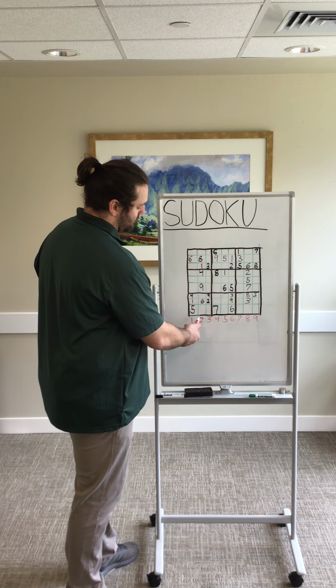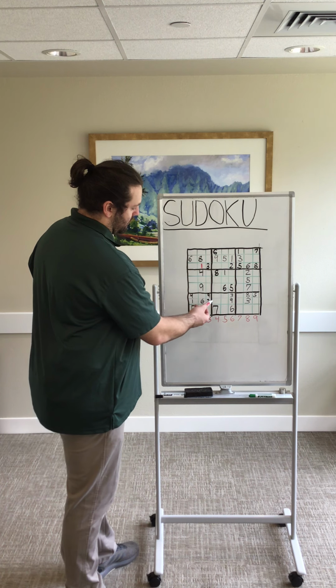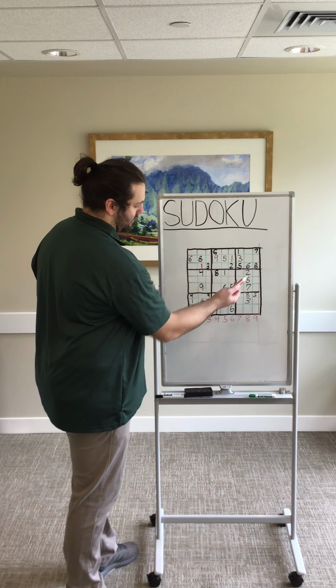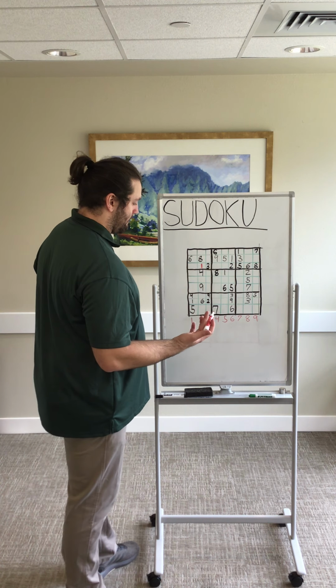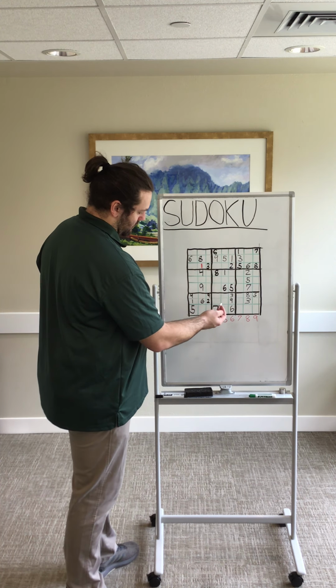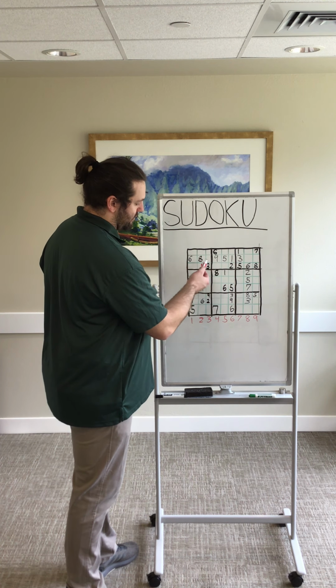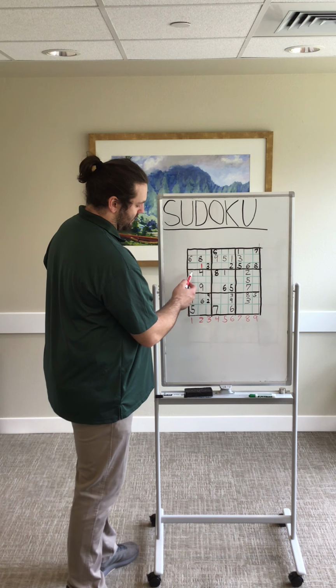So the 2, let's see what we got. We have 1, 2, 3 2s. Let's see if we can deduce anything. Looking at this square, this 2 already takes out those cells. This 2 will take out this cell.